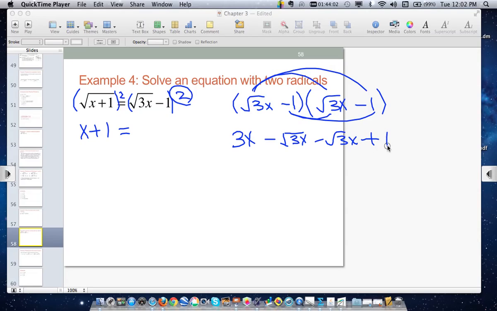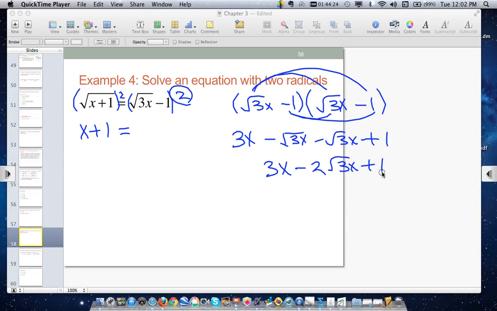Go ahead and consolidate that, bring that into 2 steps. And that's what the square root of 3x minus 1 squared is equal to. Please do not say that this is 3x minus 1 or some other weird distribution.